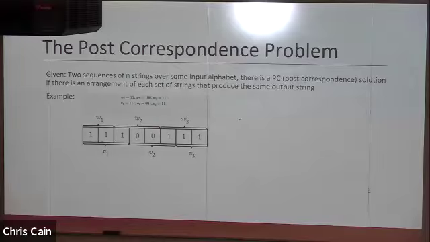The string is 111001111, and we want to determine whether, when we have W, which is the set 11, 100, 111, and V, which is the set 111, 001, 11, there are ways to tile with W and with V in such a way that you get the same string.